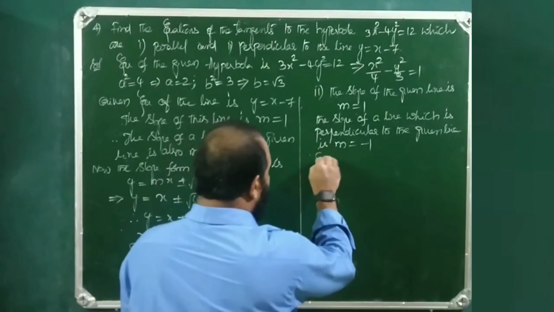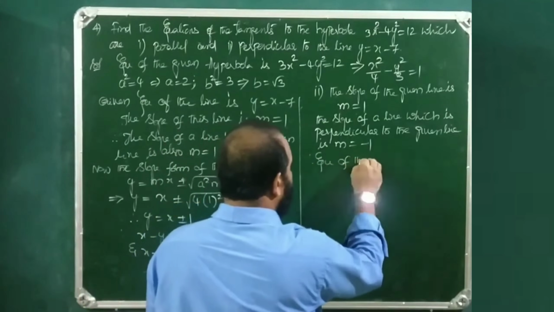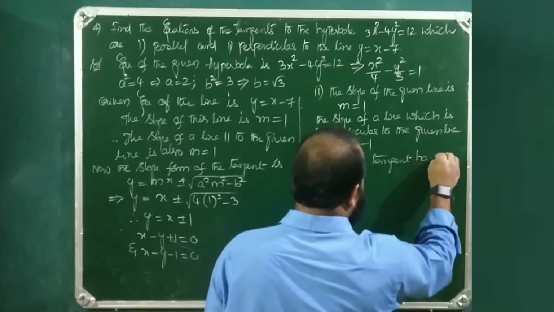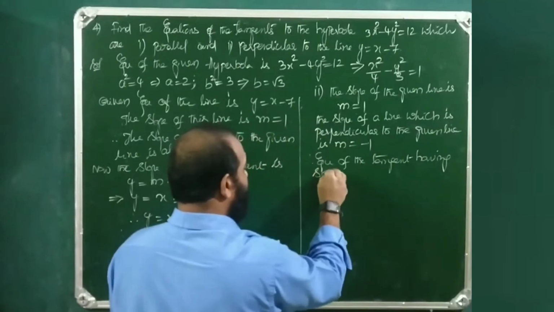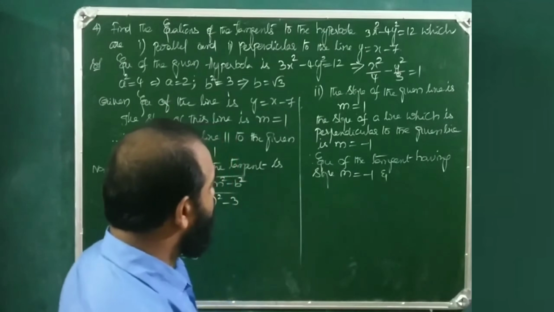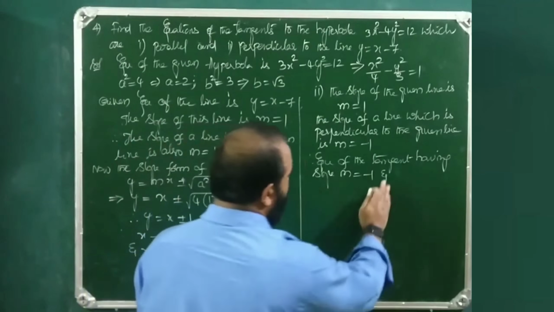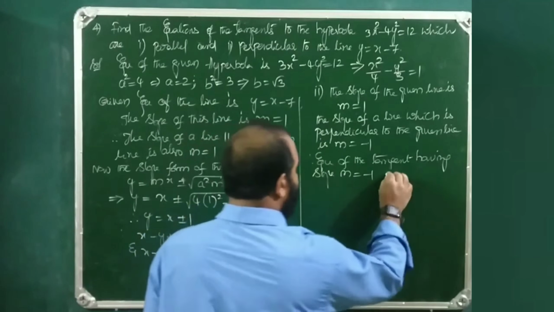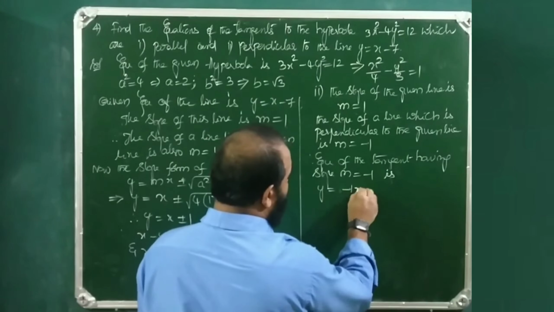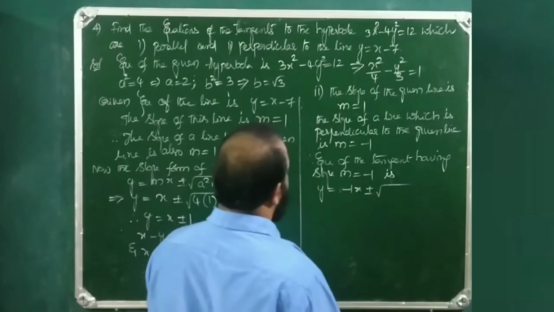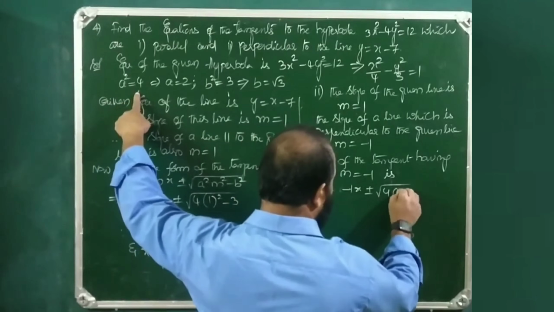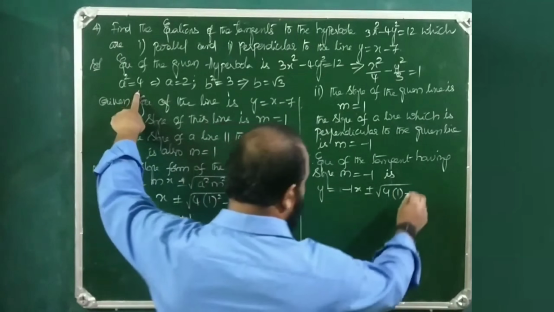So the equation of the tangent having slope m equals minus 1 is y is equal to mx, so minus 1 x, plus or minus square root of a square, which is 4, m square, which is minus 1 whole square, minus b square, which is 3.